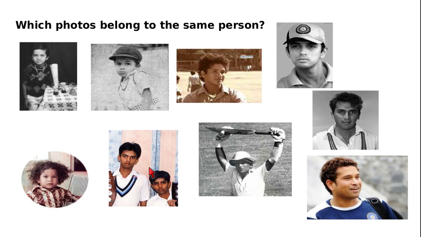So there are a wide set of problems where human beings use approximate information to take a decision. These decisions are often based on parameters which cannot be quantified exactly using numbers. These are also based on combining multiple features together. So for instance, you would combine the hairstyle, the curliness of the hair, the shape of the nose, the color of the eyes, and the shape of the lips to decide which photographs belong to the same person.